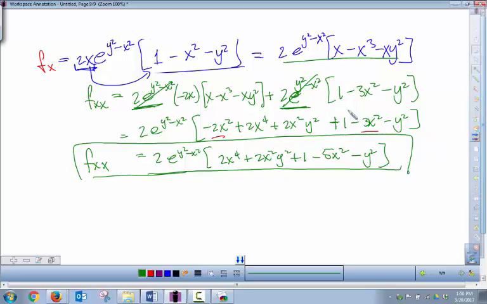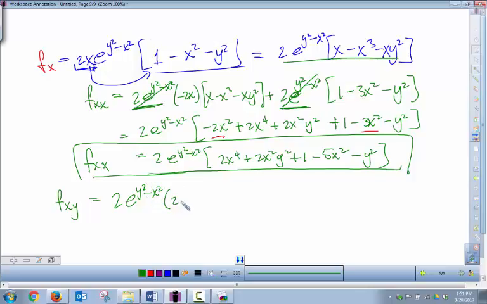Now since we have this here, let's find fxy. Derivative of the first times the second. Oops, take the derivative with respect to y now.